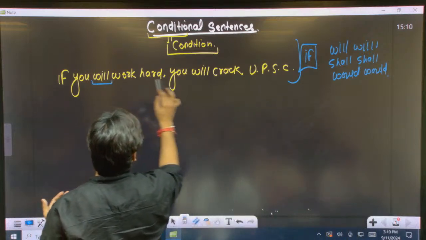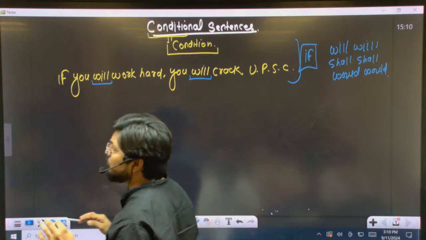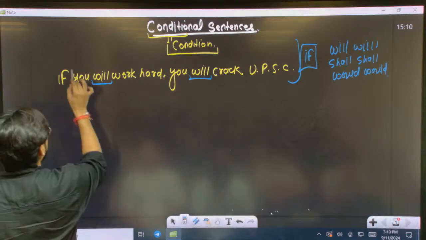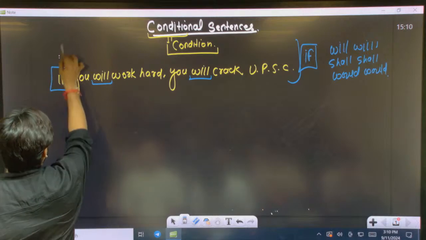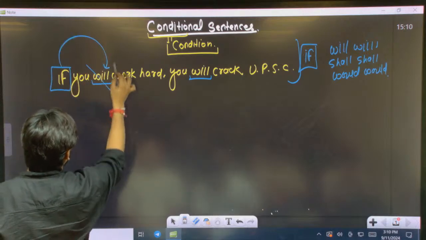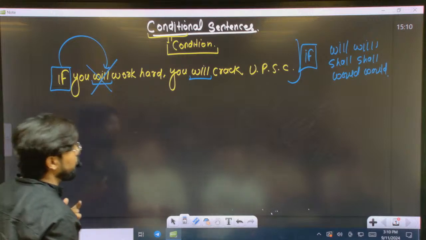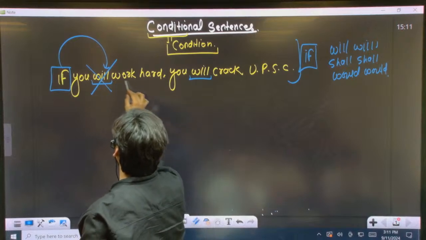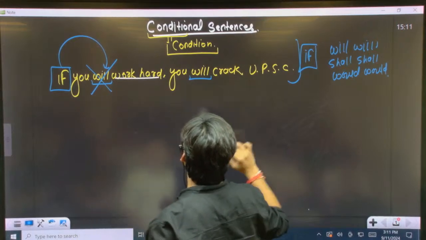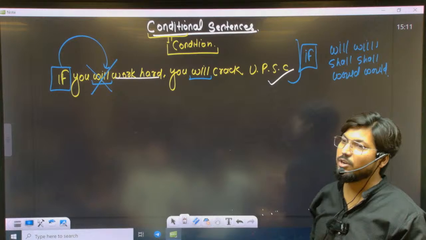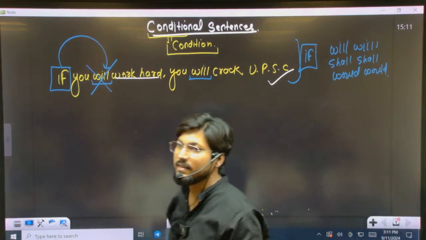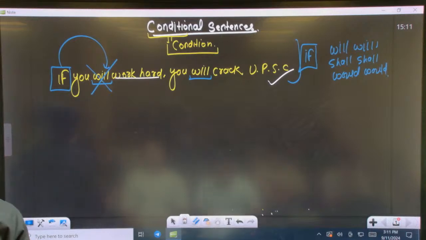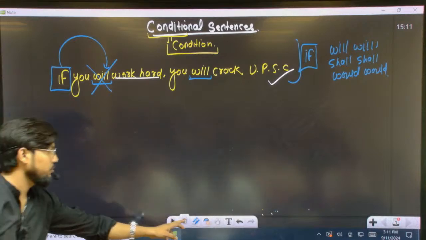This will or that will? In a sentence which has if, the will after if is removed. So the answer must be: if you work hard, you will crack UPSC. So we never use two wills in a conditional sentence. Getting my point? Note down this point.